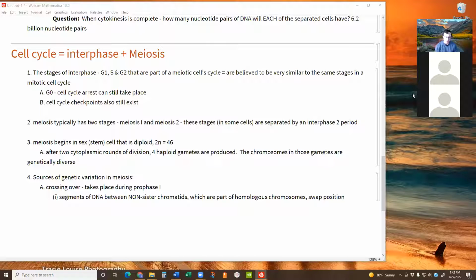Another question in the chat window. Here we go. Are homologous chromosomes genetically identical?